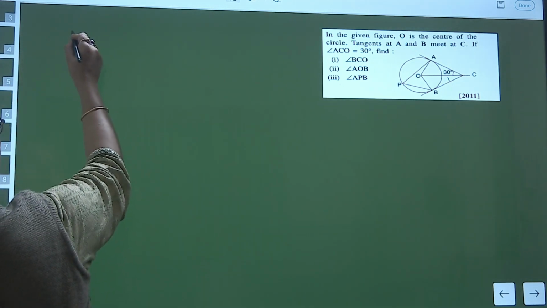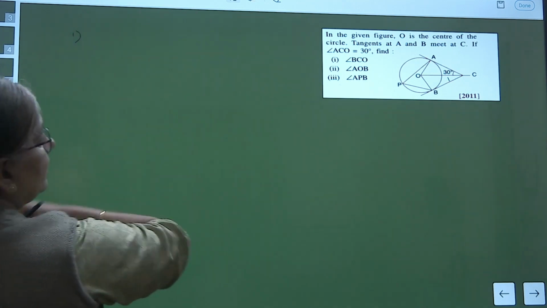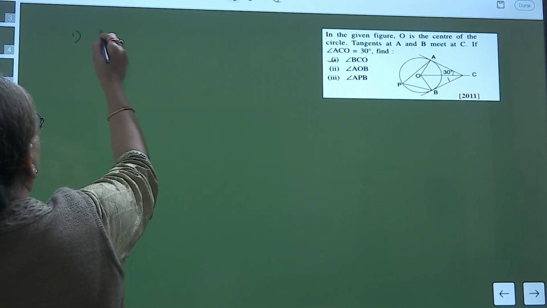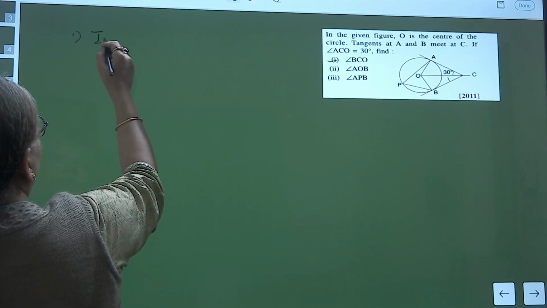We'll first solve this part to find angle BCO. So, let's prove the triangles congruent.